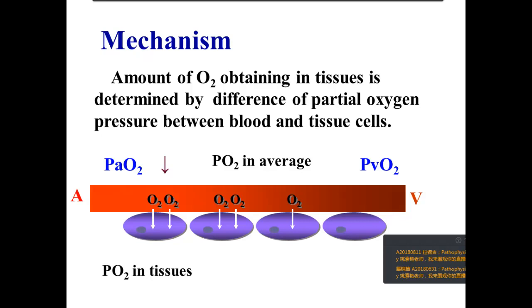Arteriovenous difference of oxygen content will decrease. Maybe less than 5, maybe 4, maybe 3. Now it is hypotonic hypoxia.